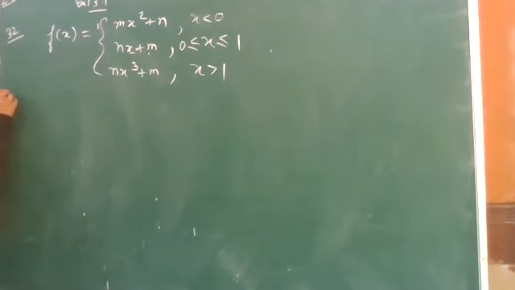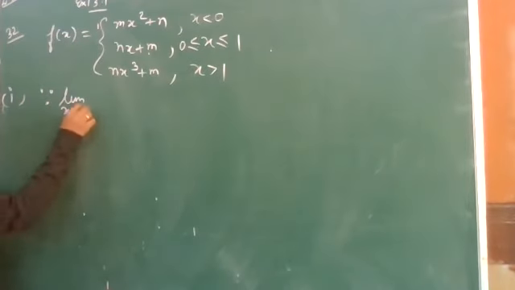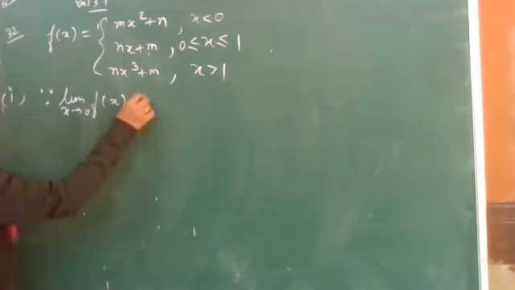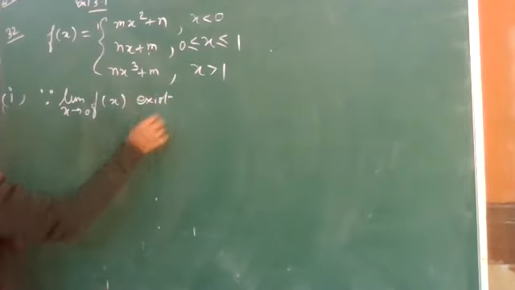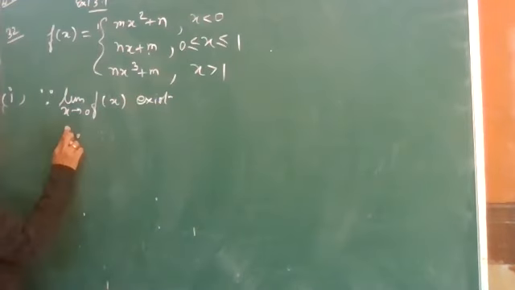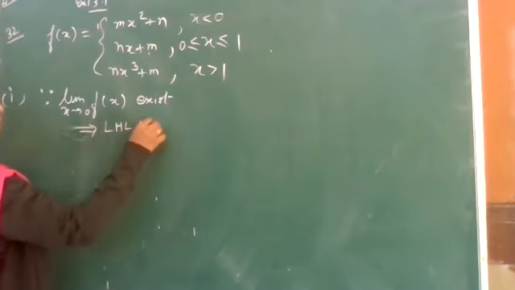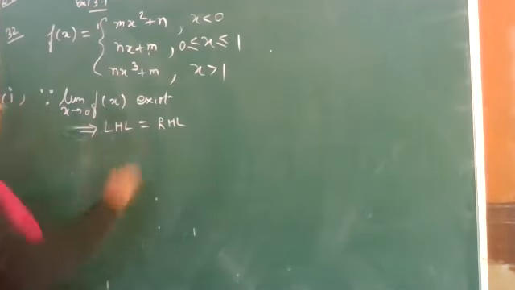ठीक है, so we are taking the first case. Since limit x tends to 0 f(x) exists, therefore we can say this implies left hand limit equal to right hand limit.